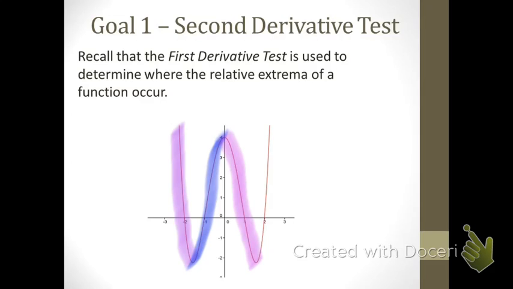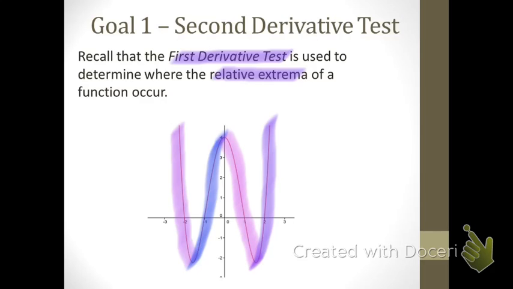And of course, the first derivative then changes back from negative to positive on this graph, which meant that there was a second relative minimum value. Okay, the first derivative test is used to determine where the relative extrema of a function are.